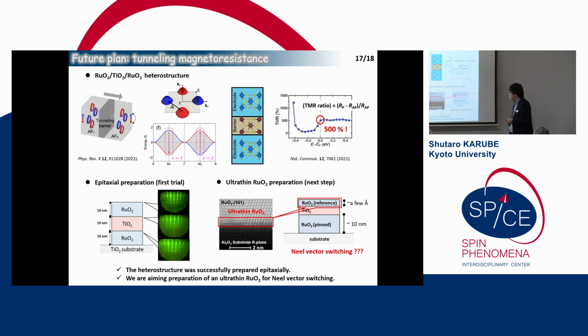And for the Néel vector switching, as Professor Son explained, we have to do the Néel vector switching in the reference layer. In an ultrathin ruthenium dioxide layer, maybe we can control it a little more easily compared with the thick ruthenium dioxide. So now we are preparing the ultrathin ruthenium dioxide on this kind of heterostructure.